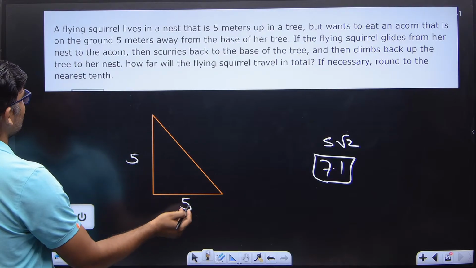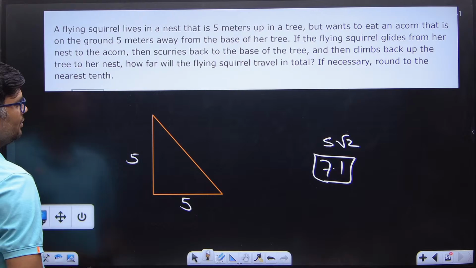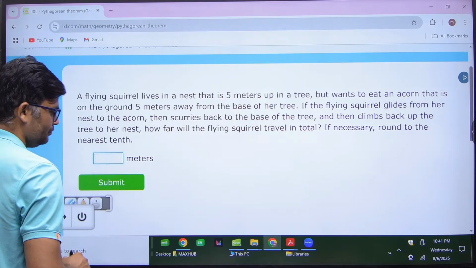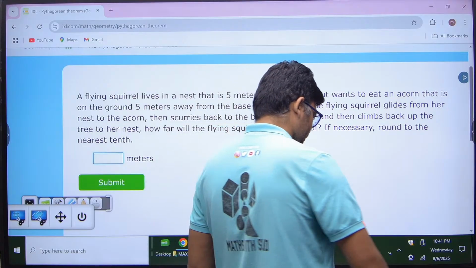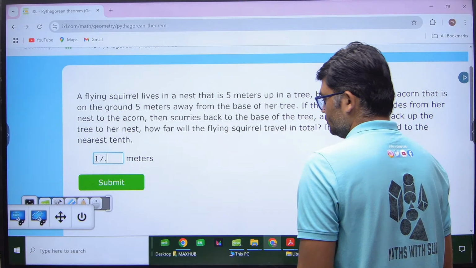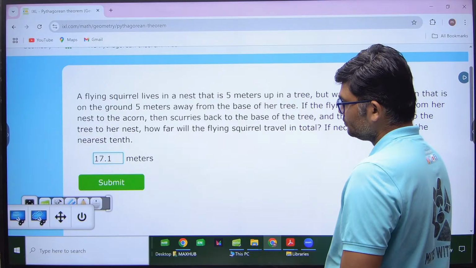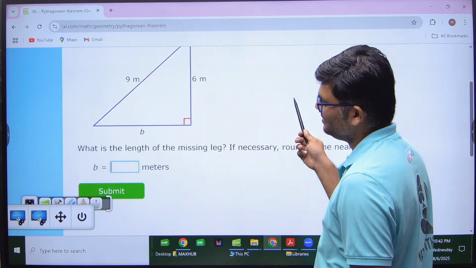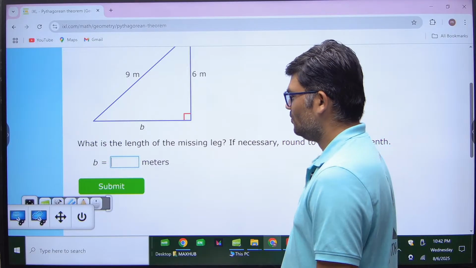That means 10 plus 7.1, so it will be 17.1. Oh my god, brilliant. Let us find B now.